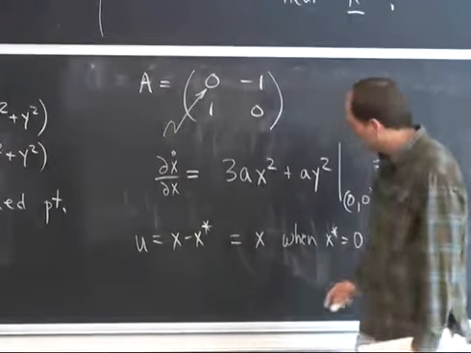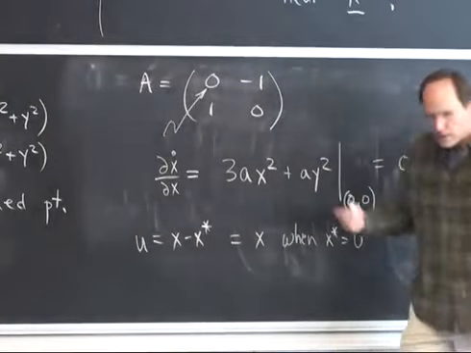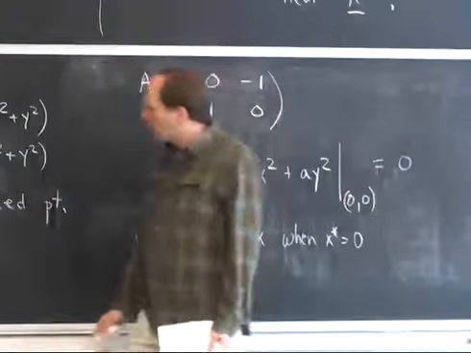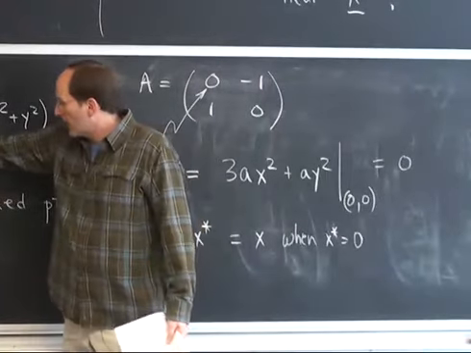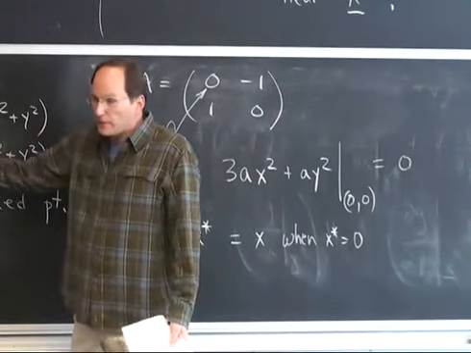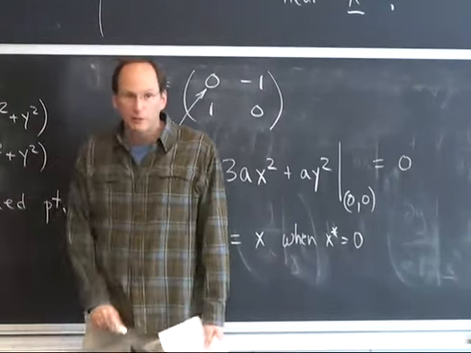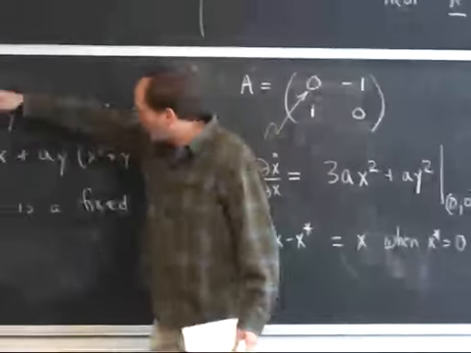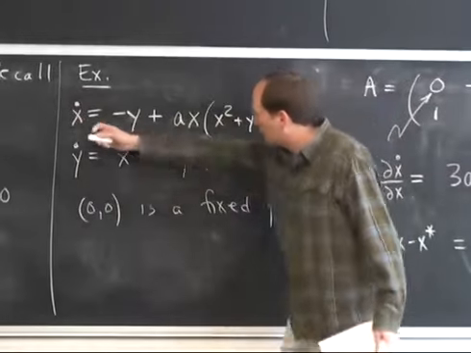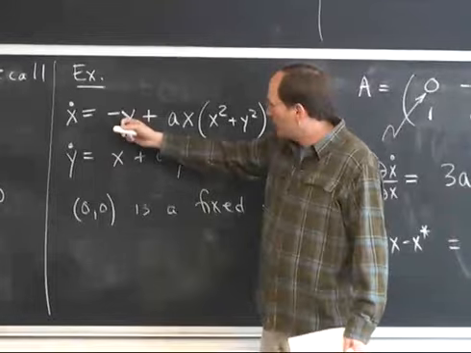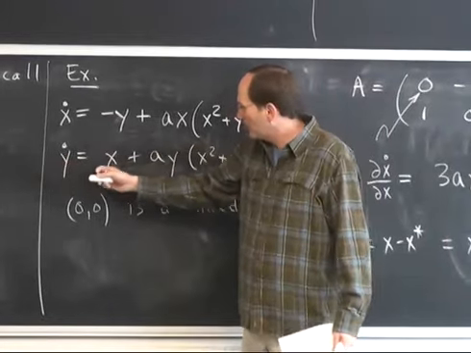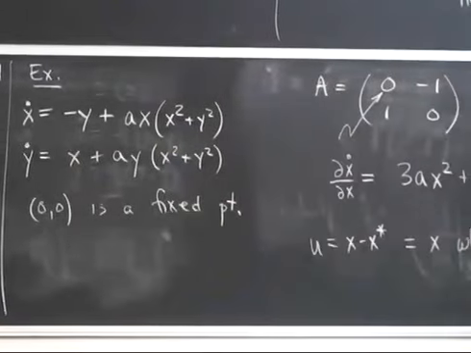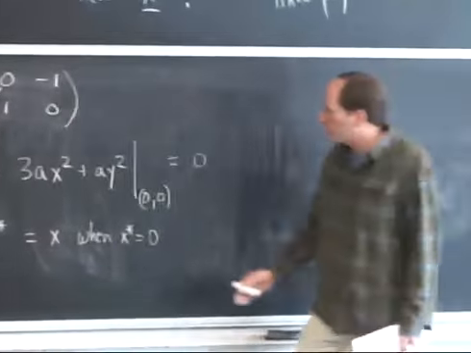In other words, u and x are really the same object when you're linearizing around the origin. And so to see what's going on, you could just replace the x by u and the y by v, and then neglect any cubic terms in u and v, which will just be these. So just eyeballing it, you can see that the linearization will be u dot is minus v, v dot is u, and these will be negligible. I don't know if you followed that or not, but if not, you can always do it the other way.